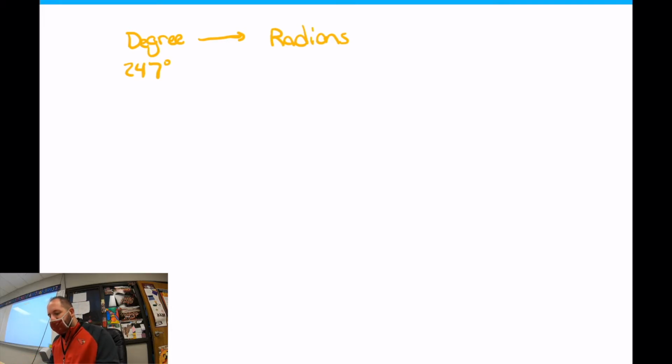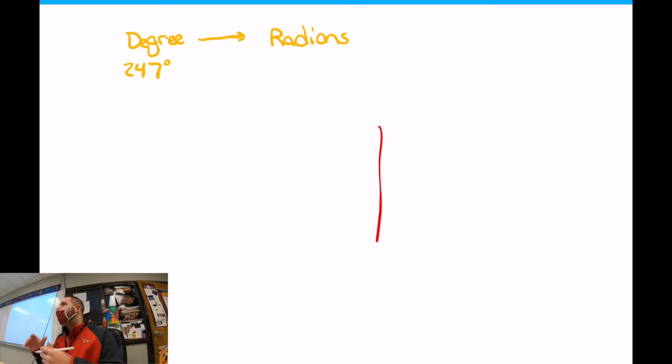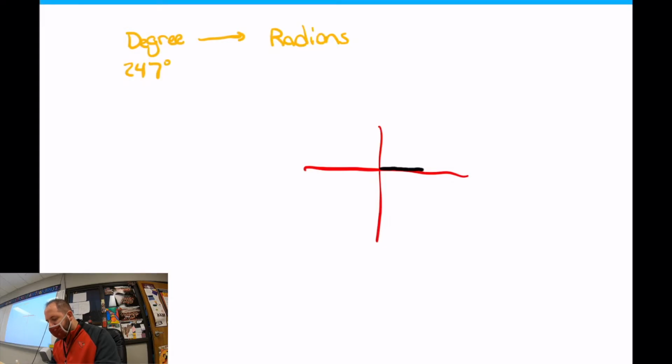If I look at a drawing of 247 in standard position, I'd start here, spin around counterclockwise, and it ends up over here somewhere. That's my angle, a 247 degree angle. How do I know that?